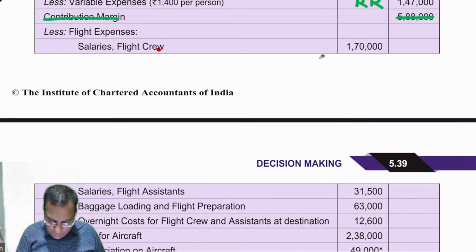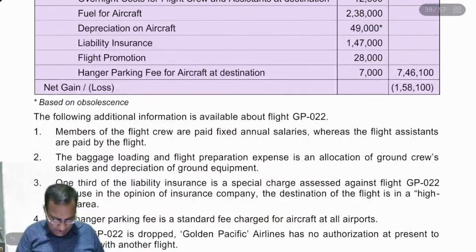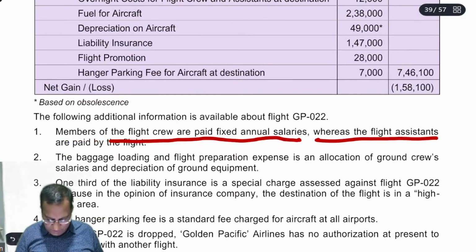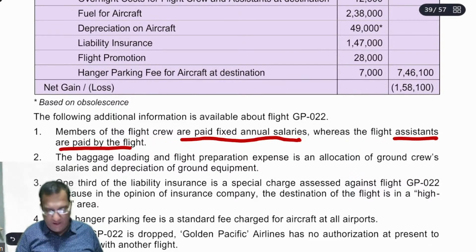Salary of the flight crew is 1,70,000 and salary of the flight assistants is 31,500. You have been given the very first point. Members of the flight crew are paid a fixed annual salary, whereas the flight assistants are paid by the flight.